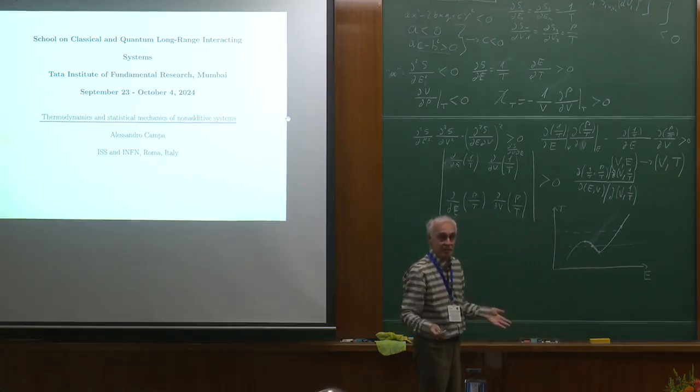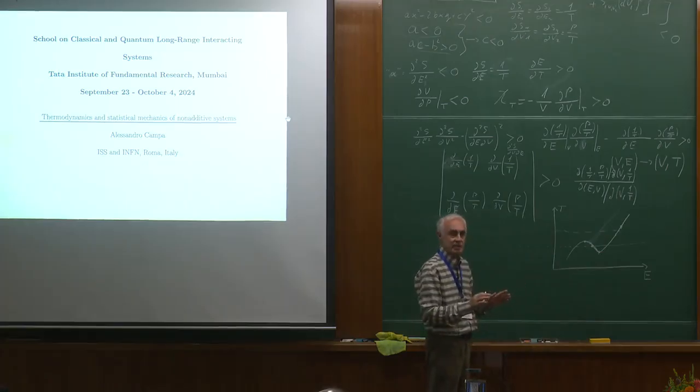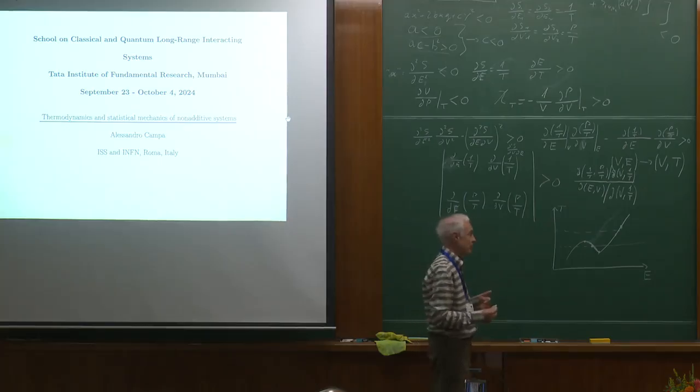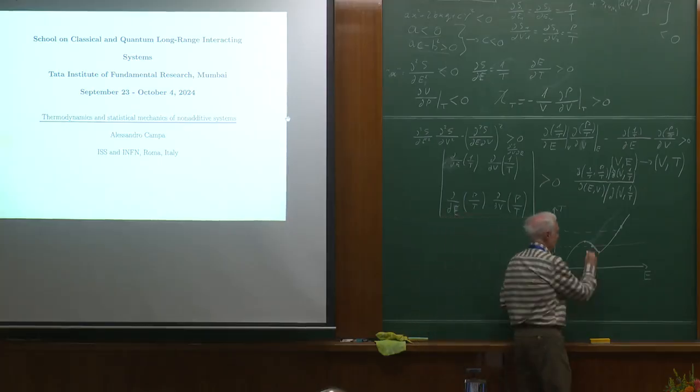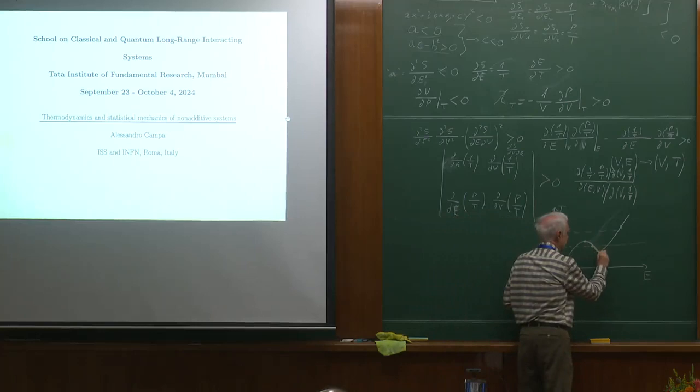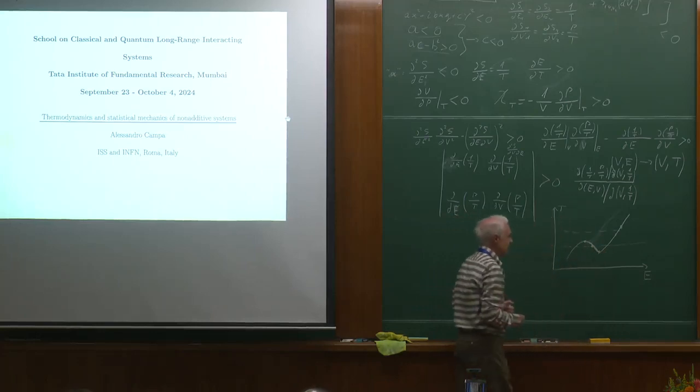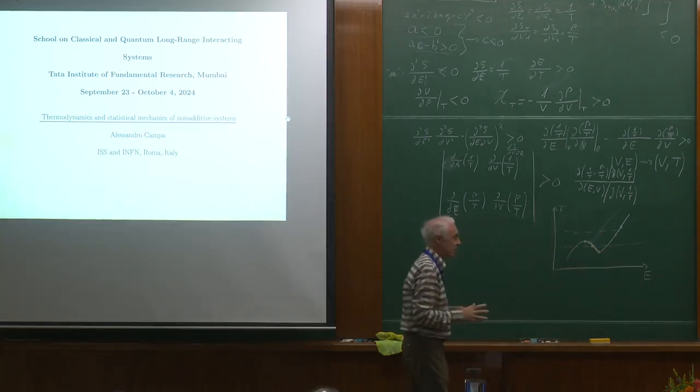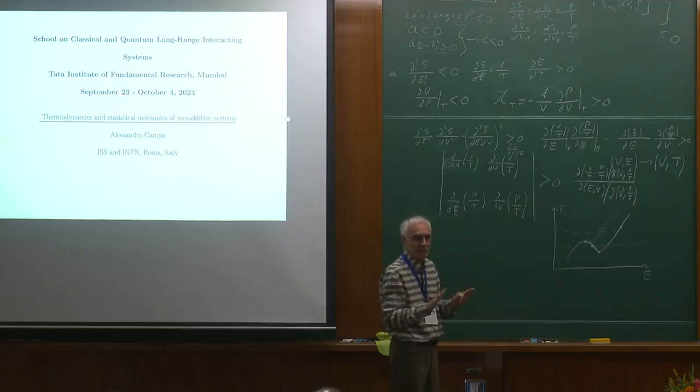And this is already an ensemble inequivalence, because instead they exist if the system is isolated, which is when you describe it with the microcanonical ensemble. So these states will not exist in the canonical ensemble, and they exist in the microcanonical ensemble. And this is already ensemble inequivalence seen in this very simple physical way.